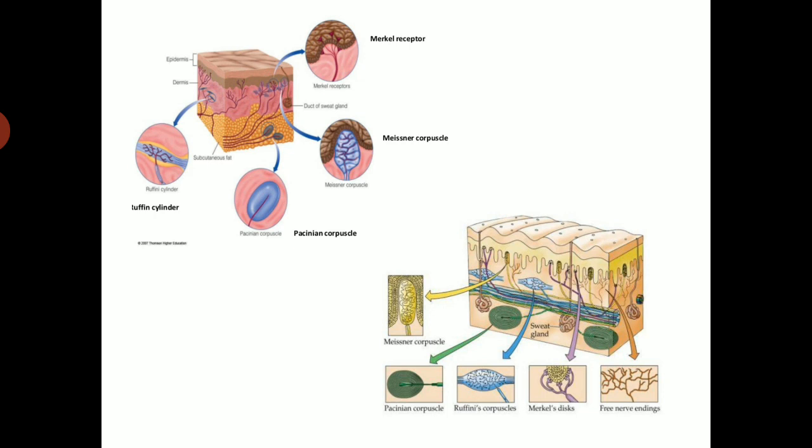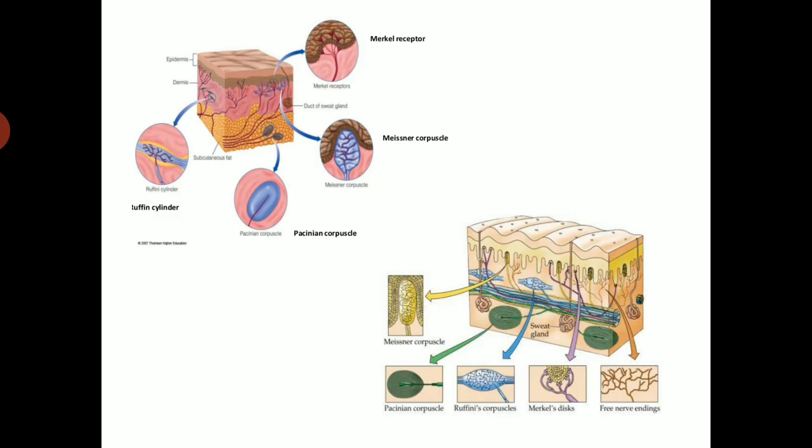So in simple words, whenever somebody touches you, only then does it get activated. It sends the message to the brain about the touch, and then again it comes back to its normal structure.